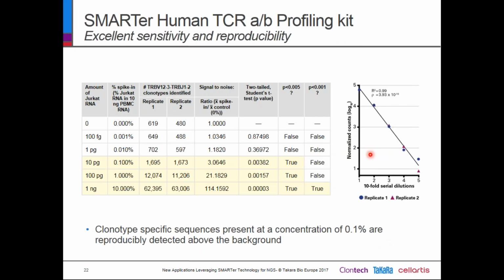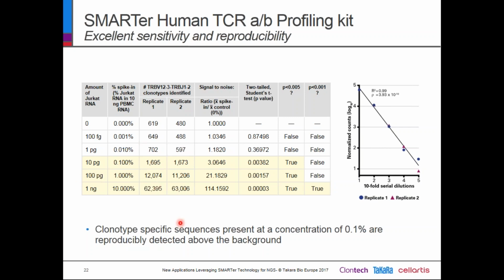We also evaluated the sensitivity of the approach. We wanted to know the minimum amount required to identify a clonotype. In this experiment, we took PBMC RNA and spiked it with Jurkat RNA at different concentrations. Because the clonotype of Jurkat RNA is known, we can evaluate the minimum amount at which we could identify it above the background.